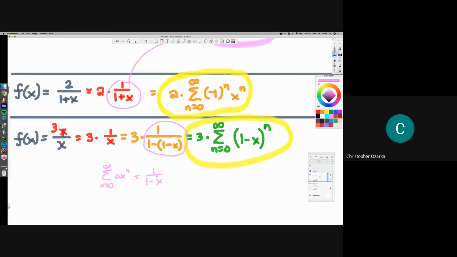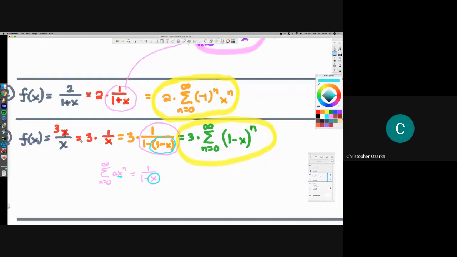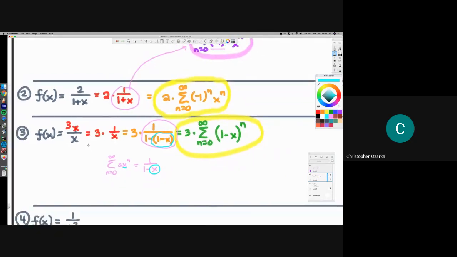But this x right here is not x in the problem. It's 1 minus x. So instead of x to the n here, it's 1 minus x to the n. It's just substitution. Okay, that makes more sense. Do you see it? Yeah. Because once you see it, it's going to be cake, I feel like. It's all substitution. This whole section is all substitution.